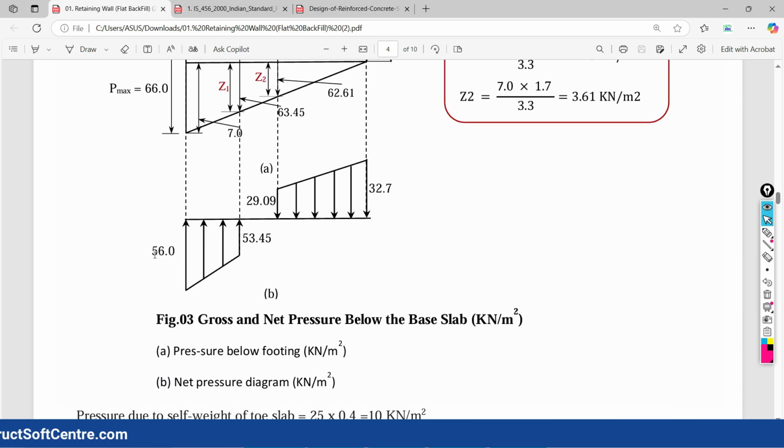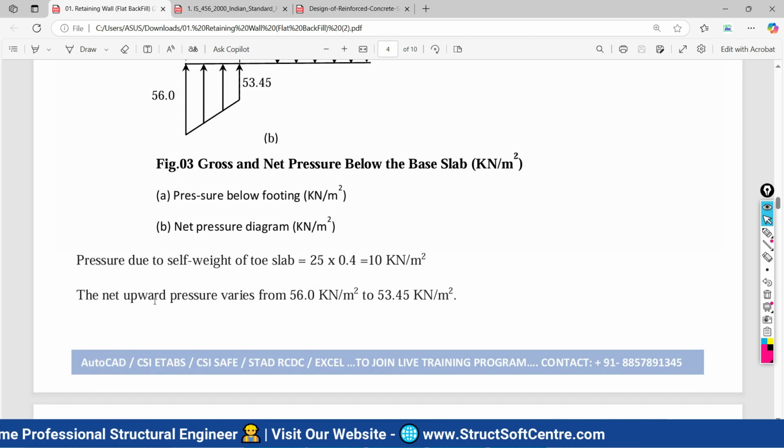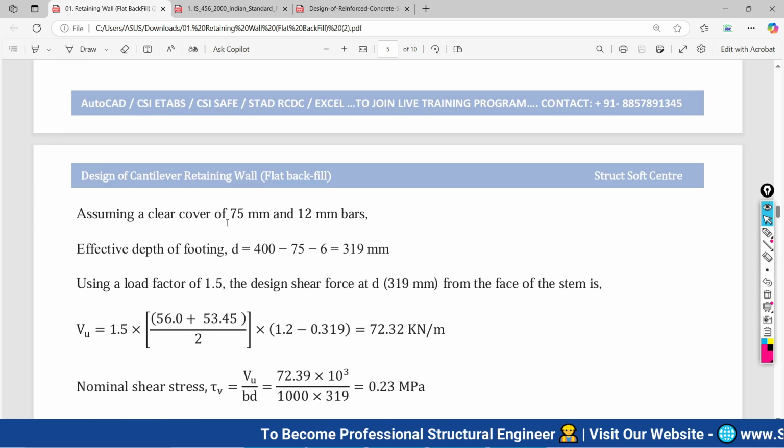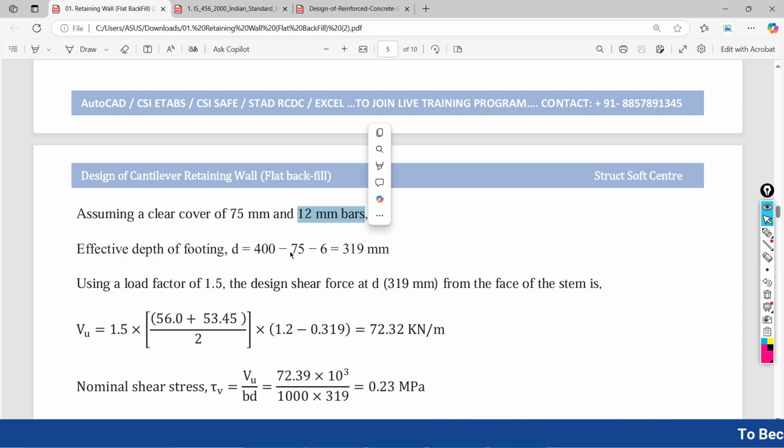So for the portion of the toe slab, the upward net pressure is 56 and 53.45. For that, we are going to do the calculation. Here I am going to assume the clear cover for the toe slab as 75 mm, and the diameter of bar to be used for the toe slab as 12 mm.